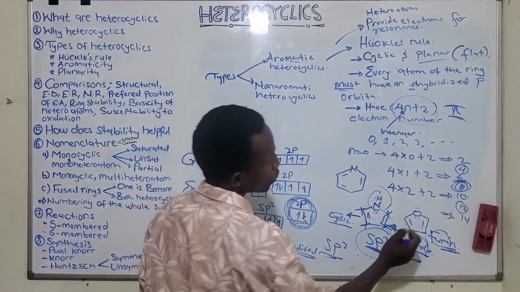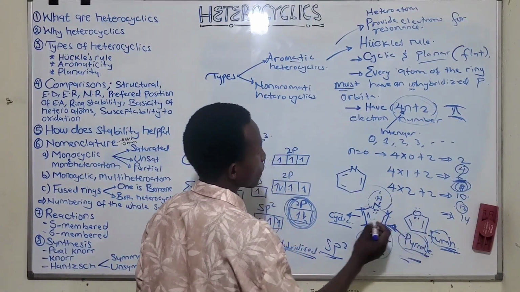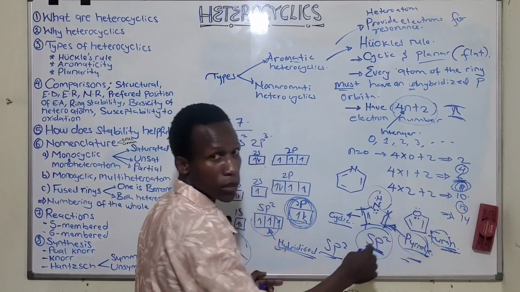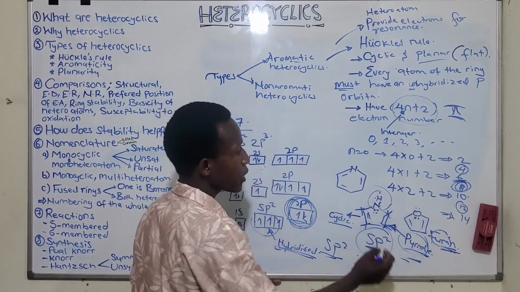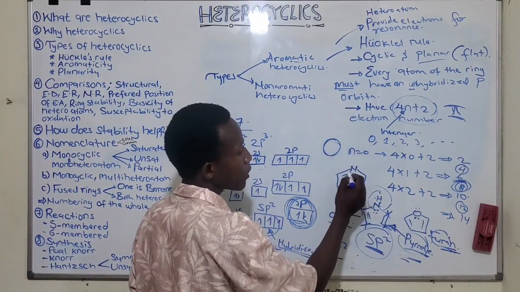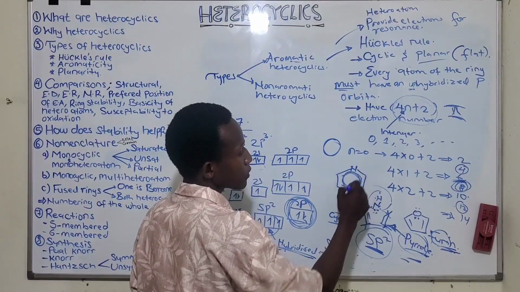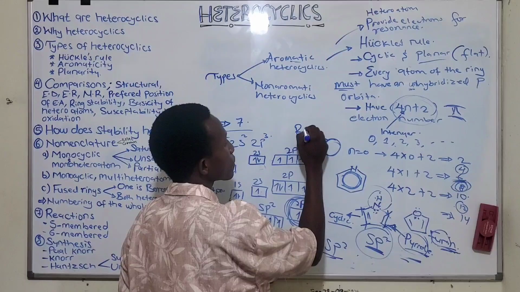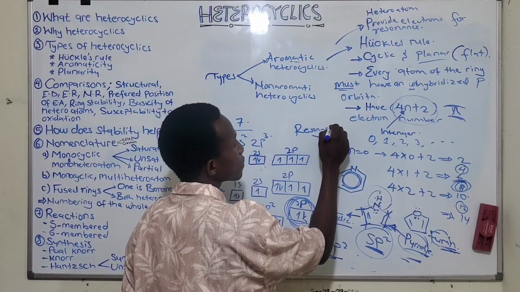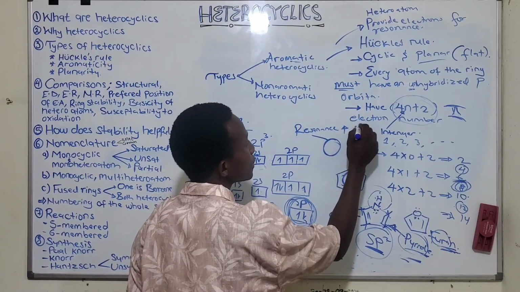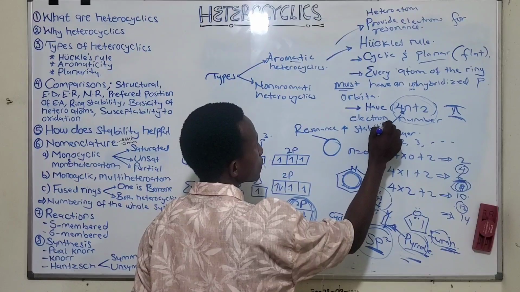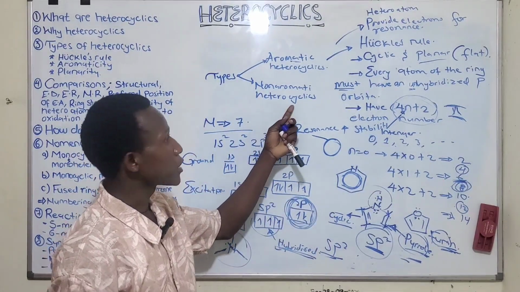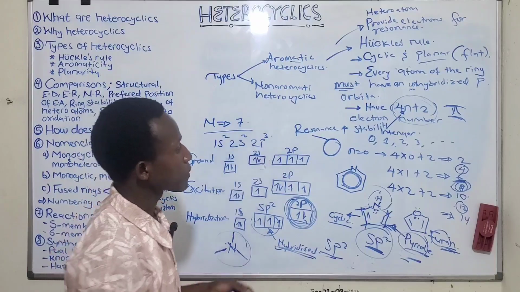And due to resonance, these electrons are moving. They are not localized. They are moving in the ring. So this resonance increases stability. So they are more stable than non-aromatic. We are going to see non-aromatic.